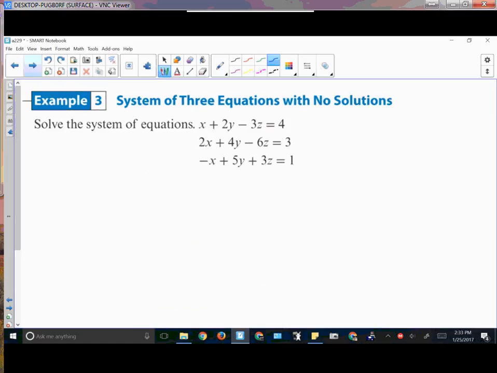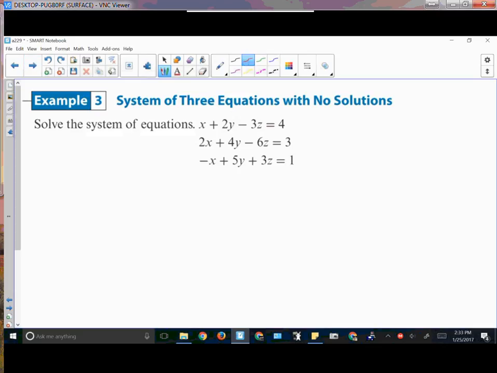Let's try 3. Now this is not going to have any solution, so we are going to use the exact same ideas as before. Now I look at this one, which one should we get rid of? Should we get rid of the x's, the y's, or the z's? X's, that looks a lot better.